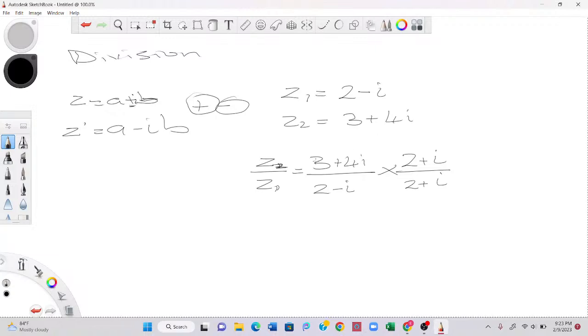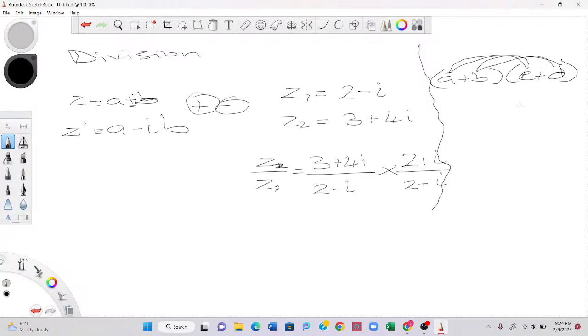You can see the multiplication in this. For multiplication in complex numbers, it obeys the distributive property: a plus b times c plus d. So a multiplies c, a multiplies d, b multiplies c, b multiplies d.